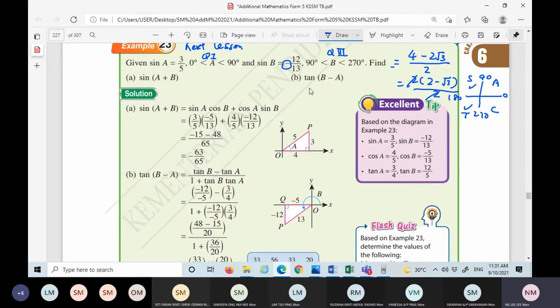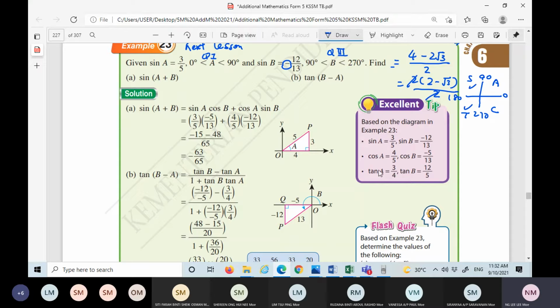So we continue. The question says find sine A plus B, tangent B minus A. So we are going to use the addition angle formula.